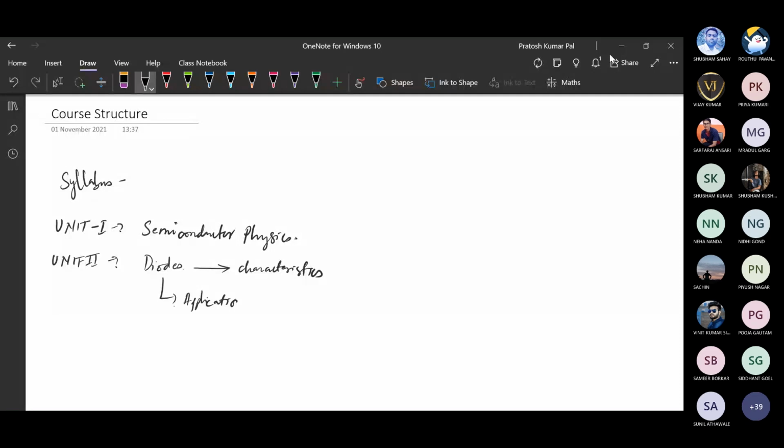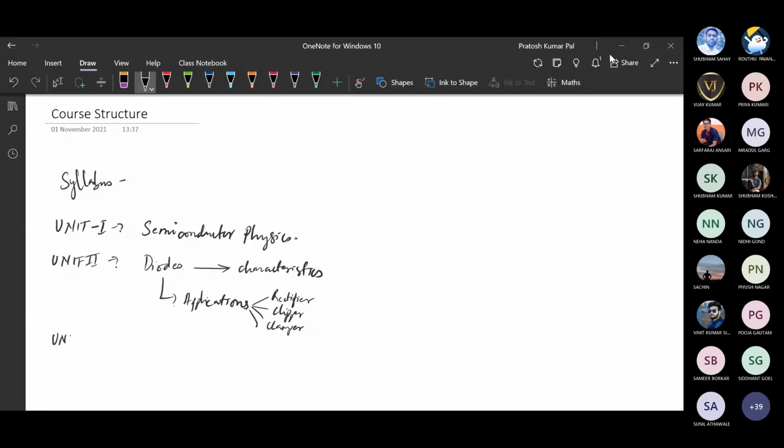So where these diodes are going to be used, we will see that. Among the applications, there are rectifier, clipper and clamper. So there are different applications we will be going with.